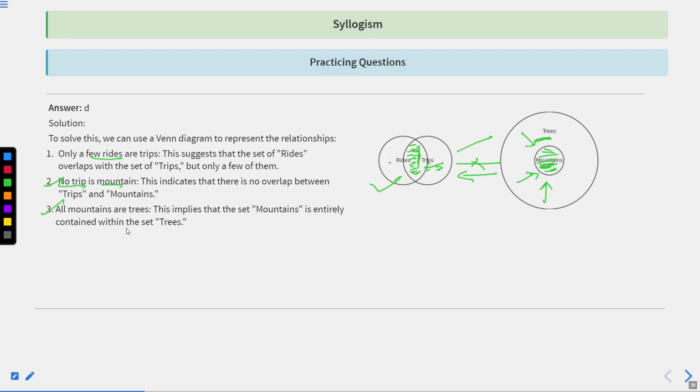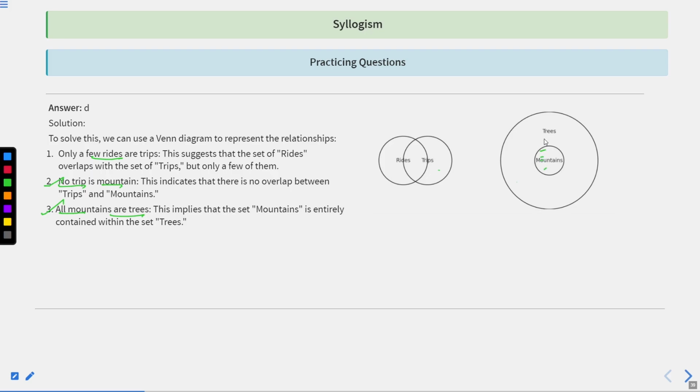All mountains are trees. When we said all mountains are trees, what was our inference? That all mountains are within the circle of trees, correct? So all the characteristics the trees will have will also be there in the mountain, correct?